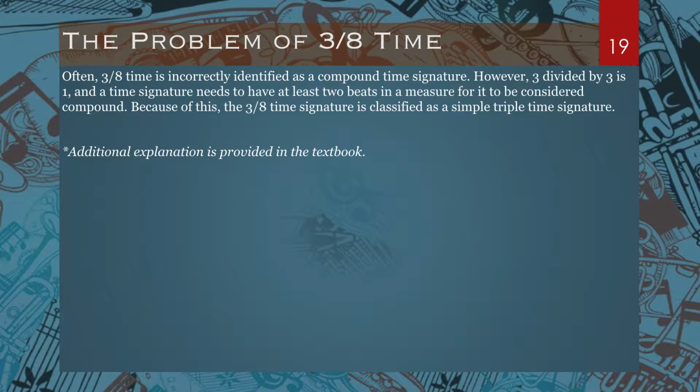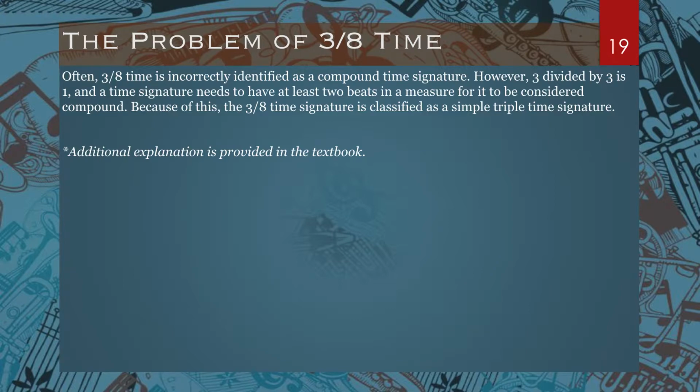There is no single meter. It's either duple, triple, quadruple, or the time signature is complex. So since you can't have just a single beat in the measure, even though a conductor may conduct a piece in 1, this means that the 3/8 time signature has to be classified as a simple triple time signature.